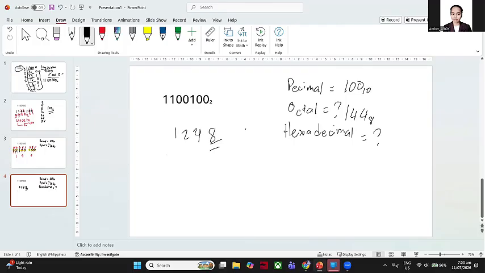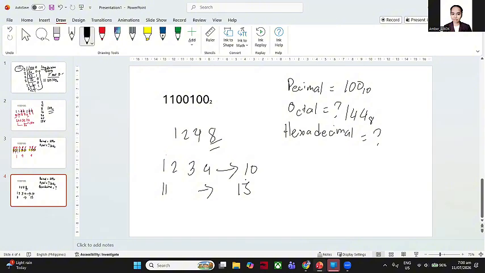Now, in hexadecimal, we have 1, 2, 3, 4, up to 10, then 11 up to 15.